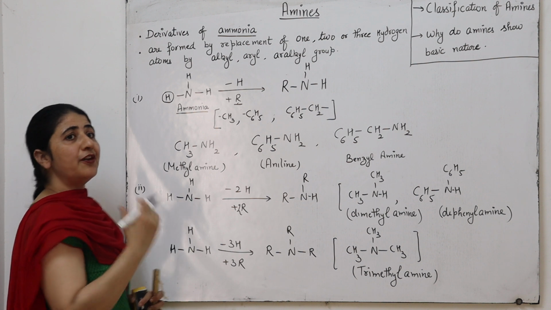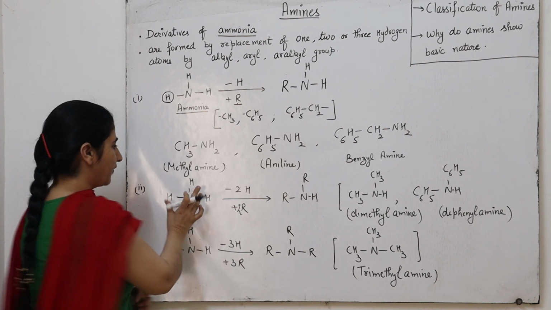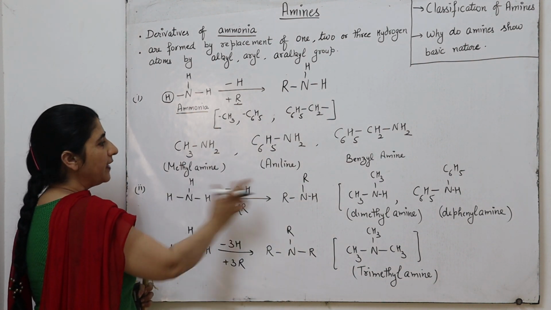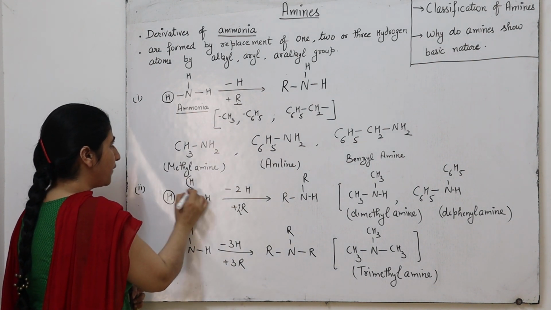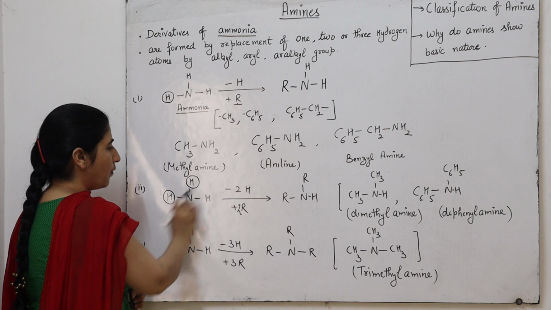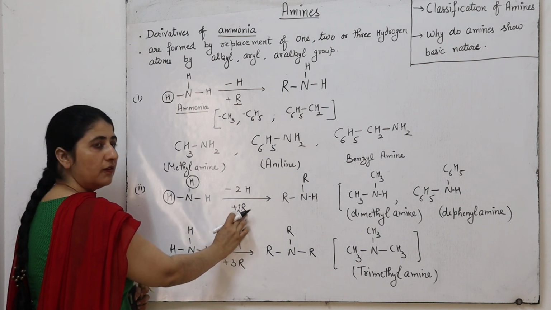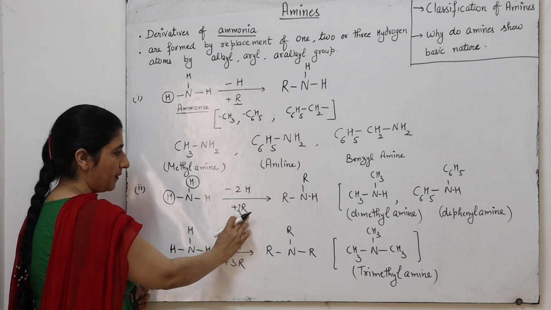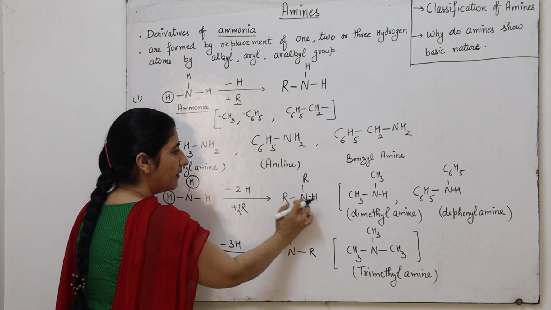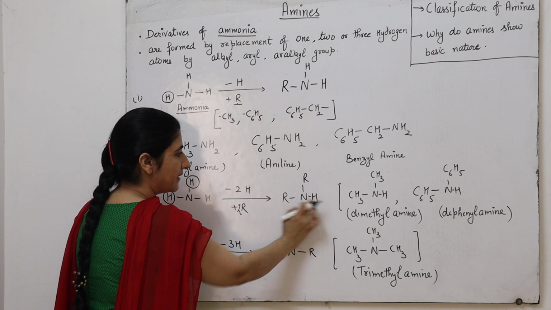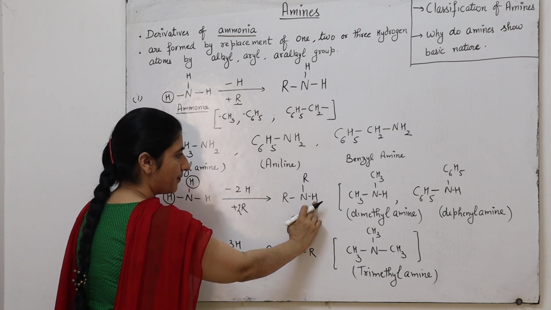Second, if we replace 2 hydrogen atoms of ammonia with 2 substituted groups, we get NHRR.